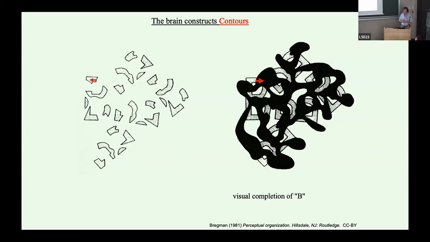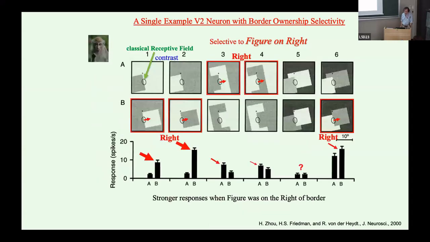And physiologically, von der Heydt and his colleagues at Johns Hopkins reported that many neurons are selective to this border ownership. This slide shows the report of a single example neuron. These are the stimuli they showed to monkeys, and this ellipse is the classical receptive field where this neuron was looking.